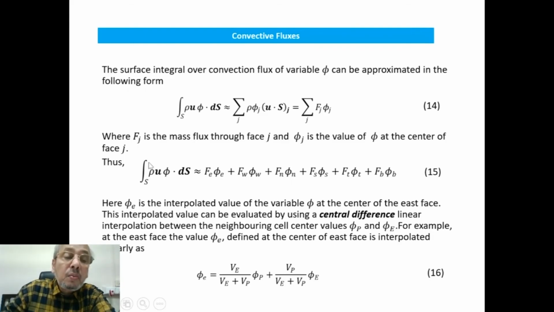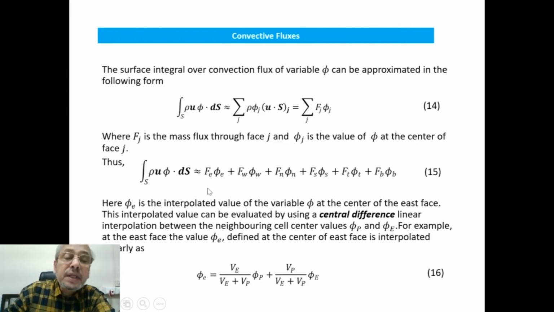The integral of rho u phi dot dS we can write now as Fe into phi e, Fw into phi w, Fn into phi n, Fs into phi s, Ft phi t plus Fb phi b. All are summations.